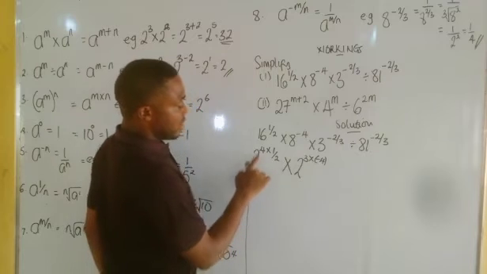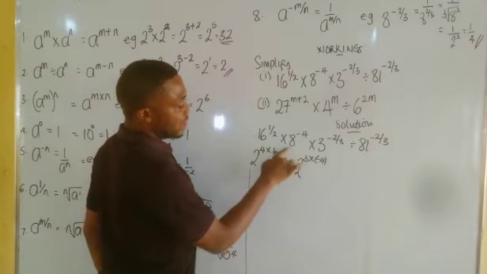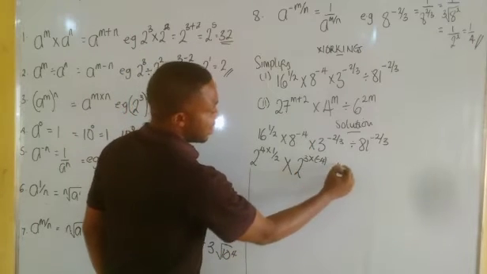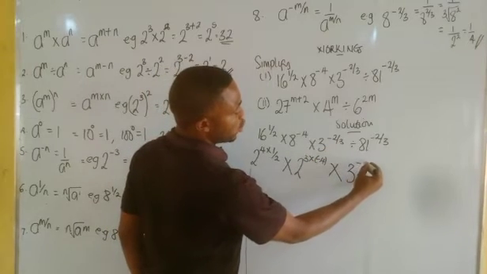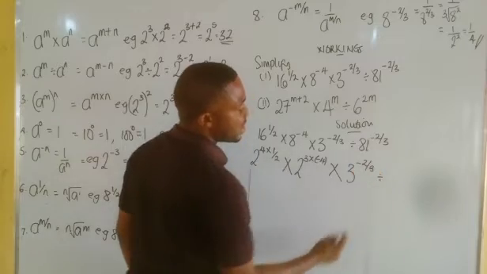Okay, that 16 is 2 raised to the power 4 times this 1 over 2, times 8 is 2 raised to the power 3 times this minus 4. Then we have multiplied by 3 raised to the power minus 2 over 3 divided by 81.